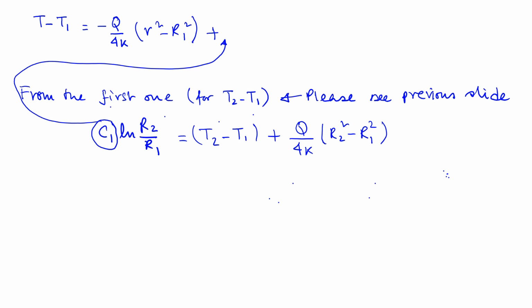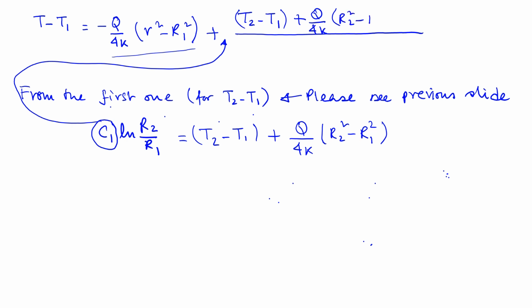I do that and I get T minus T1 equal to this first term plus T2 minus T1 plus q over 4k times r2 square minus r1 square, divided by natural log of r2 over r1, times the natural log of r over r1.